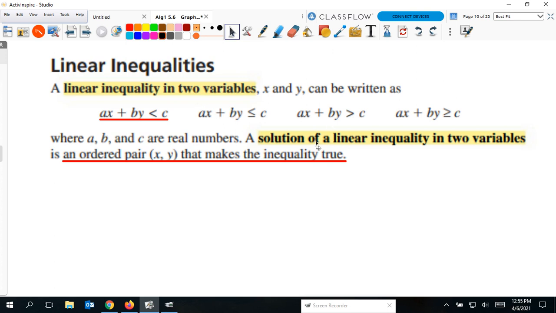And then we look at a solution. So what is a solution of a linear inequality in two variables? That is simply just an ordered pair, like an x and a y point, that makes the inequality true. So you want to write that down as well for the second vocabulary there on page 159 of your notes.